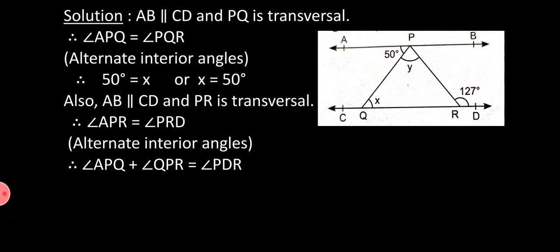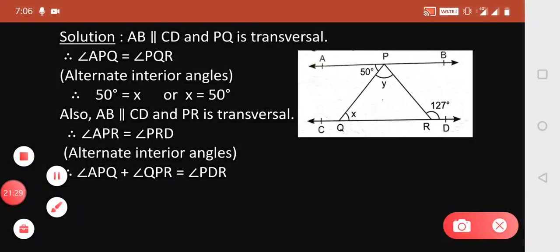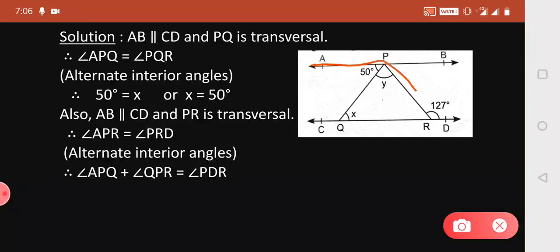But before writing 50 degree plus y, as angle APR is divided into two different angles, we get whole this angle APR when we add angle APQ plus angle QPR. Yes, so we write therefore angle APQ plus angle QPR equal to angle PRD.